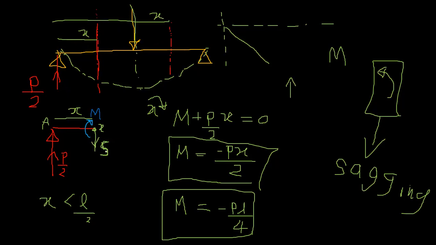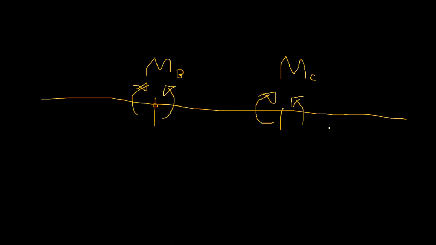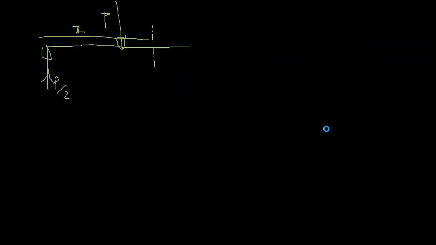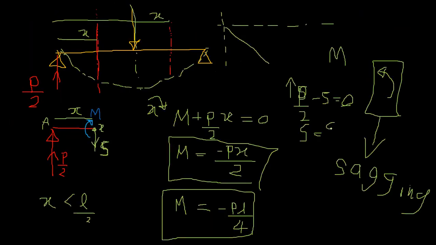That is P minus P over 2 minus S is equal to 0. That is S is equal to P by 2, right?